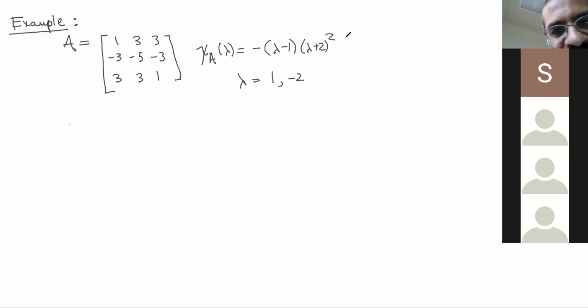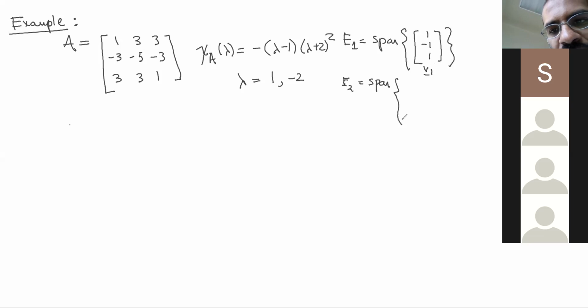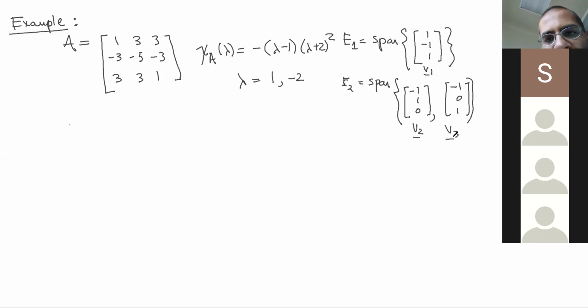And the eigenspaces, which we calculated, were E1, the span of this vector, 1, minus 1, 1, called V1, and E2, the span of the vectors minus 1, 1, 0 and minus 1, 0, 1. Let's call these V2 and V3.